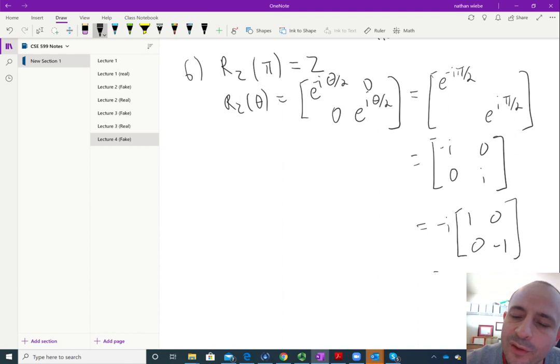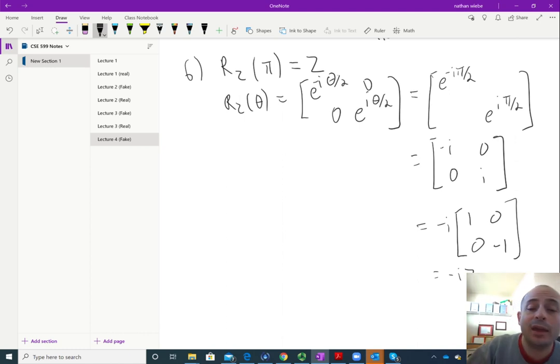Okay, and so this is equal to minus iZ. Now, recall that the unitary matrices in quantum mechanics are only defined up to an arbitrary phase.